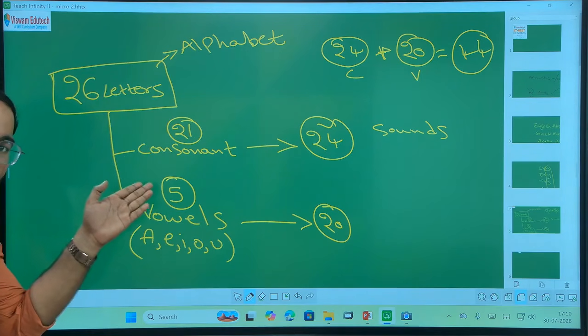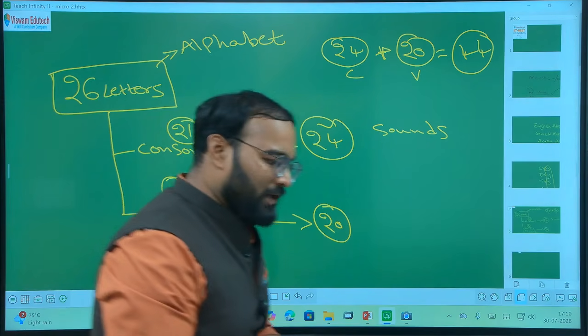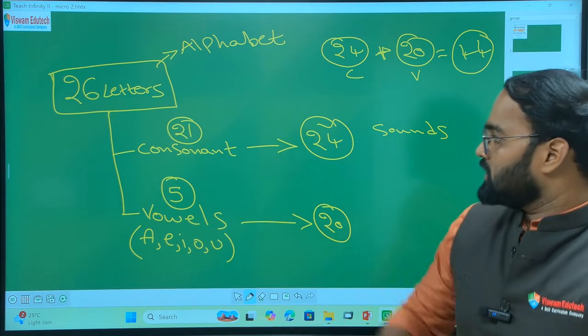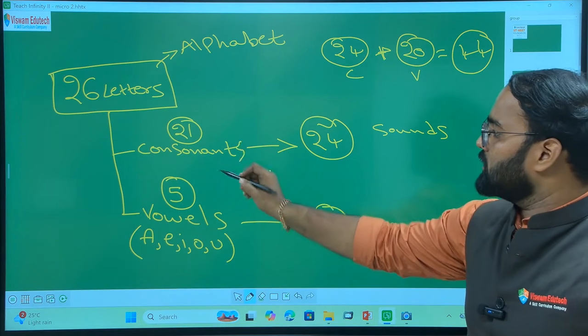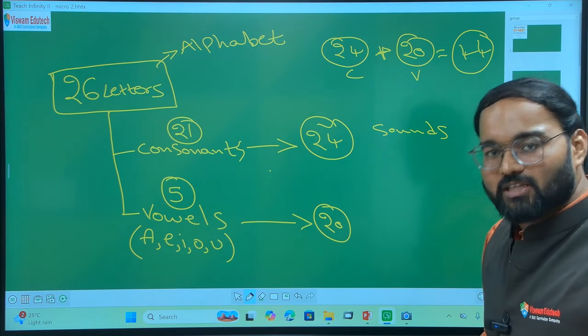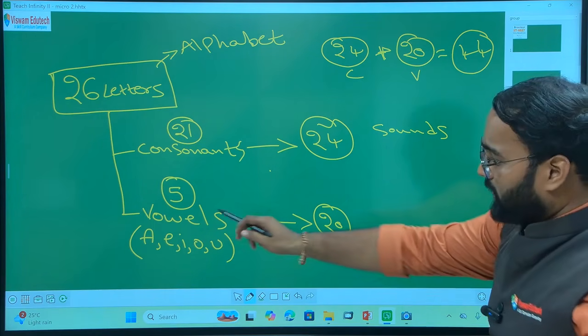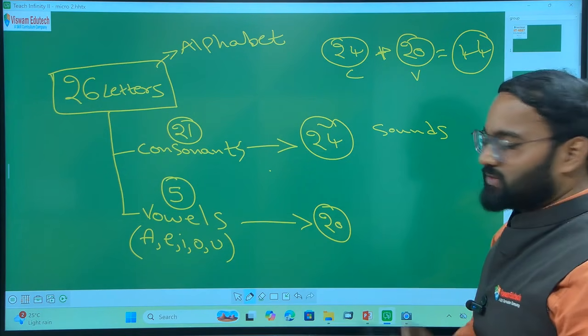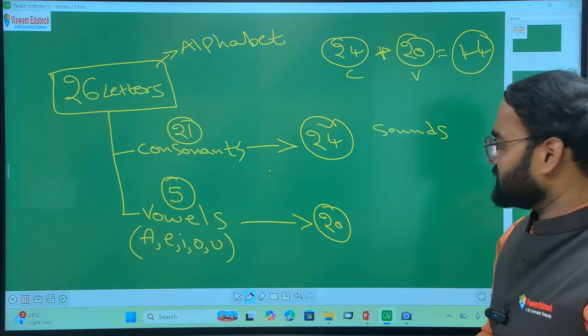We have 21 consonants and 5 vowels. So these 21 consonants make 24 phonetical sounds, and these 5 vowels make 20 phonetical sounds.